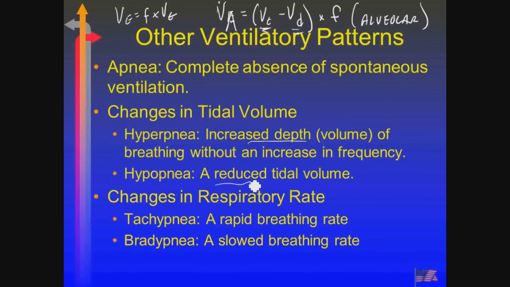We can also have alterations in respiratory rate: tachypnea, a rapid breathing rate, and bradypnea, a slow one. I think we said the frequency was normally 10 to 20, and tidal volume is 5 to 8 milliliters per kilogram ideal body weight. If those don't sound familiar, they will in a few minutes.